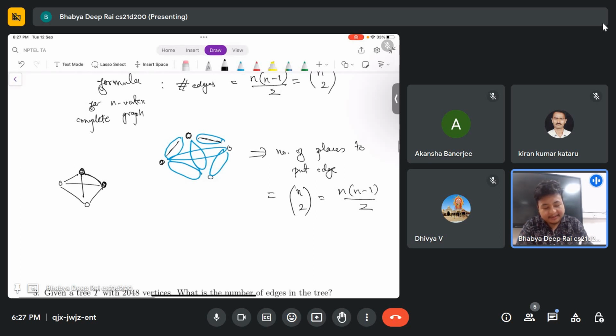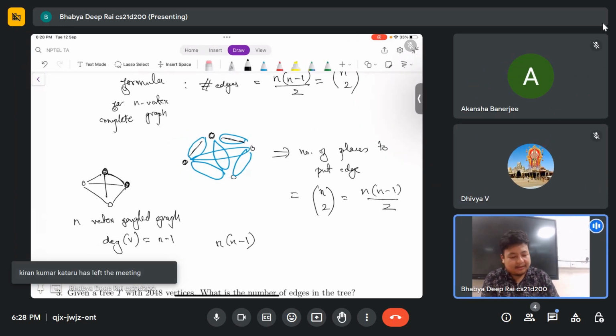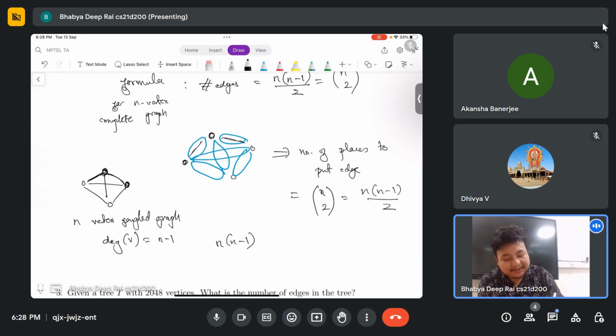So if I have an n vertex complete graph, the degree of each vertex is 3, which is like n minus 1 in our case. So each of the n vertices is connected to n minus 1 other vertices. But since we are overcounting, for this vertex we counted this edge, and for this vertex we counted this edge also, so we counted it twice, so we divide by 2. We can do this also.